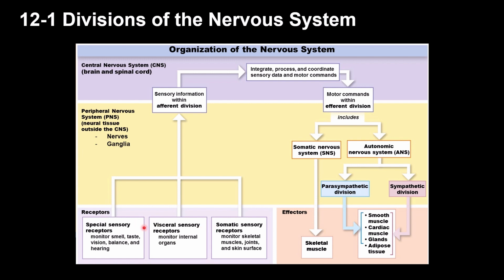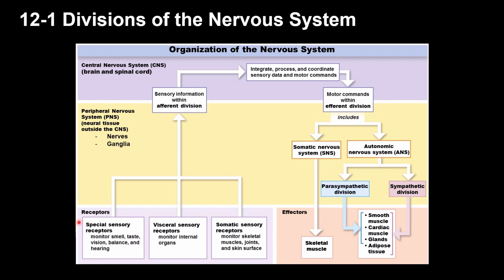The other one is called visceral sensory receptors, and these are from the organs like the heart, lungs, urinary system, gastrointestinal system, and genital system. And then there are the special senses. There are 5 special senses: sense of smell, taste, vision, balance, and hearing. Chapter 17 is discussing these special senses, so I will leave that for that time.